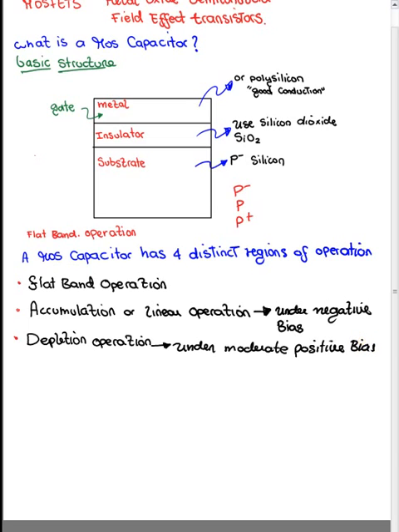Then we're going to have inversion operation, and this is the one we care the most about. It's the most important one. Inversion operation is under what we call higher positive bias, and that will become clear in a little bit.